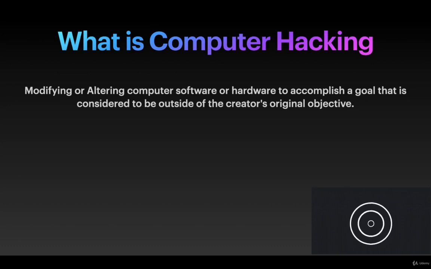We have to make the software or hardware work in a different manner than what the original author thought of. If we are able to accomplish our task, then yes, you have identified a hack in that particular software or hardware.